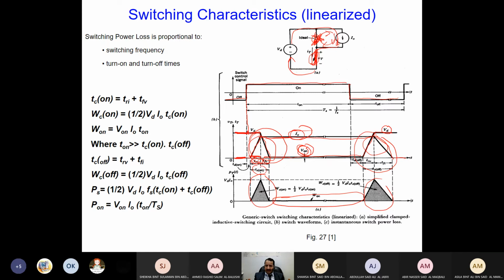So it's power losses, it is heat at the end. We need to switch on and off many times and very fast, talking in microseconds or milliseconds. It means this triangle will appear many times. So many times we have losses. We have high heat that needs to be dissipated. This is a problem we need to consider.